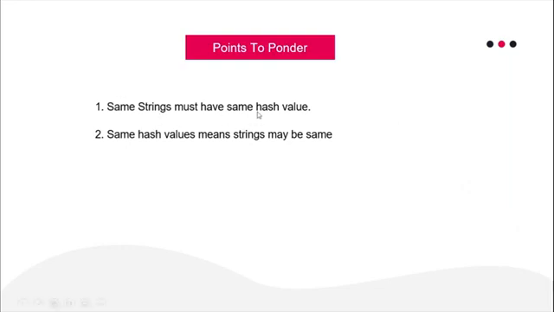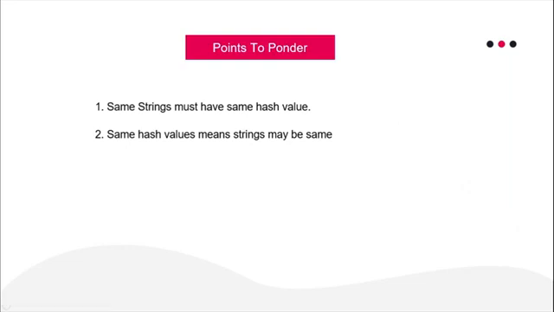If strings are the same, the hash value would be the same no matter what, but if two hash values or the keys are equal, it is possible that the strings are the same. It doesn't guarantee 100%.